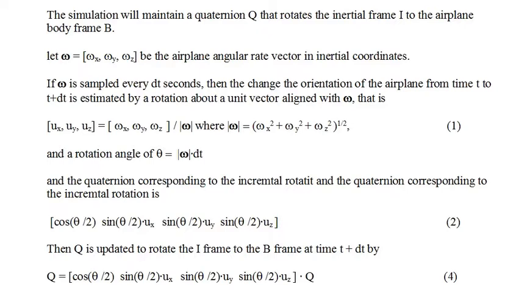The angle the airplane rotates in the time interval t to t plus dt is given by the product of the total angular rate and dt, and the quaternion corresponding to that rotation is given in equation 2. Q is updated as shown in equation 4 and represents the rotation to the body frame at time t, followed by the rotation that occurred from time t to t plus dt.